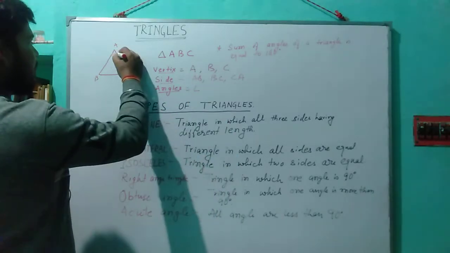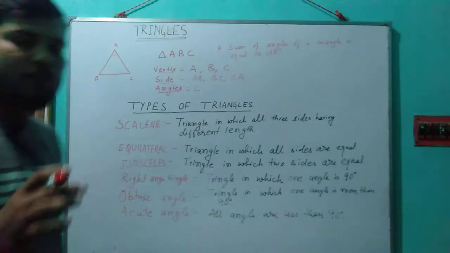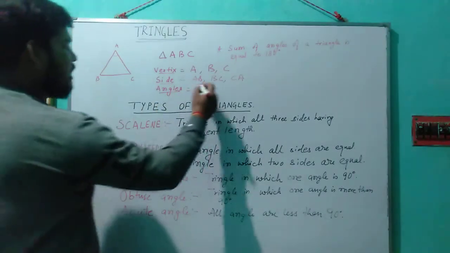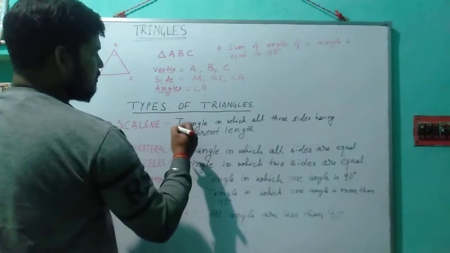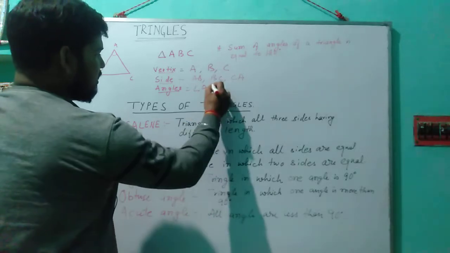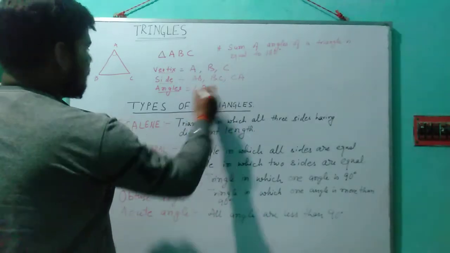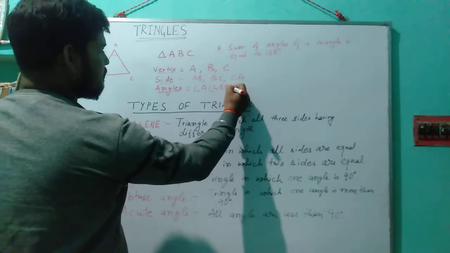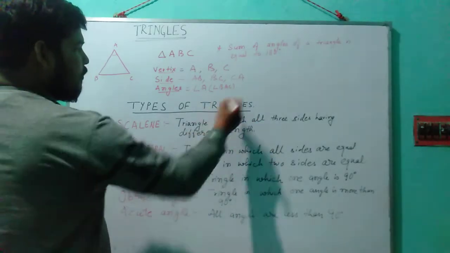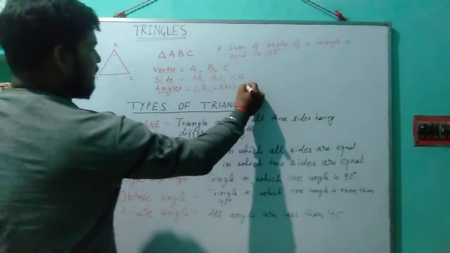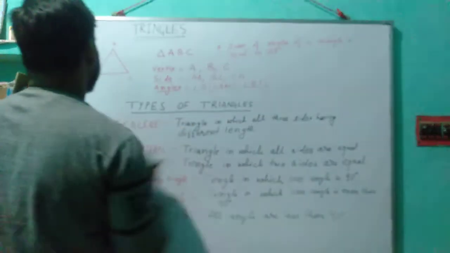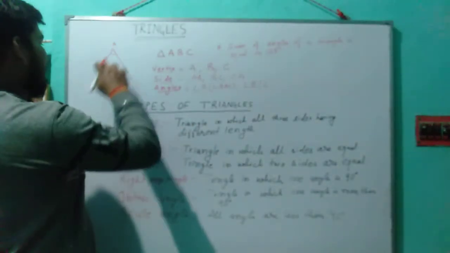When we are naming, this is a very important thing, listen very carefully. When we are naming angle A, we can write it like this, angle A, okay, or instead angle BAC. When we are naming angle B, we can write angle B or angle ABC.